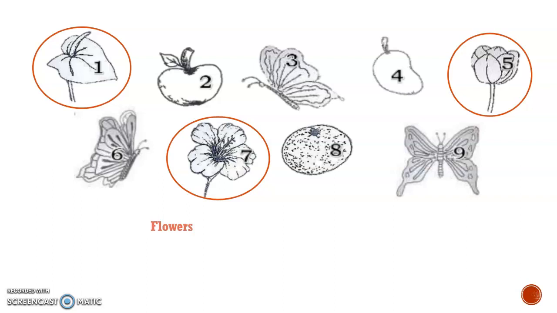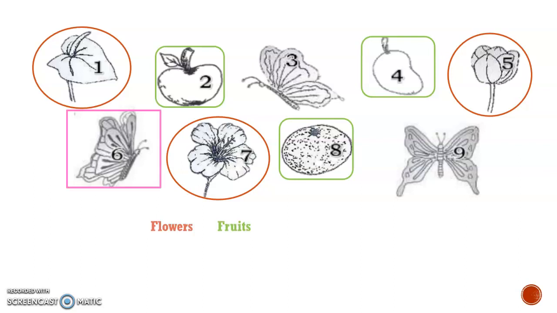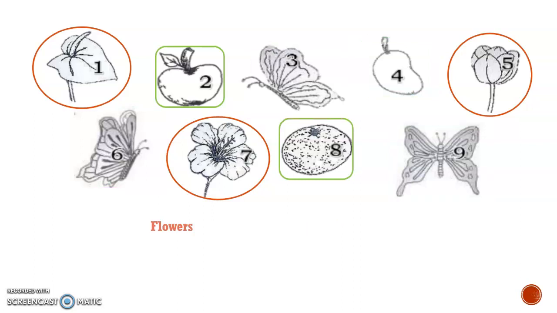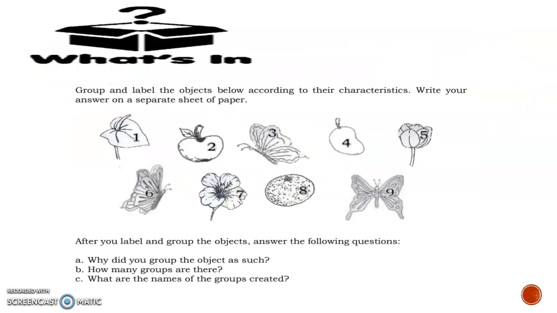And we have also apple, orange, and mango. So these are, of course, fruits. And we have a butterfly and another kind of butterfly. We cannot determine what kind of butterfly, but what is important is they are all butterflies. Okay, so let's go back to the question from earlier.